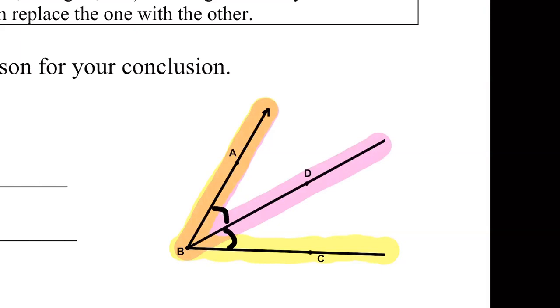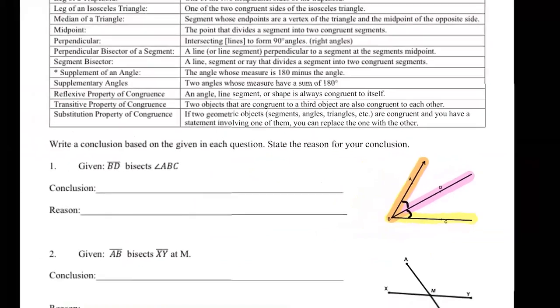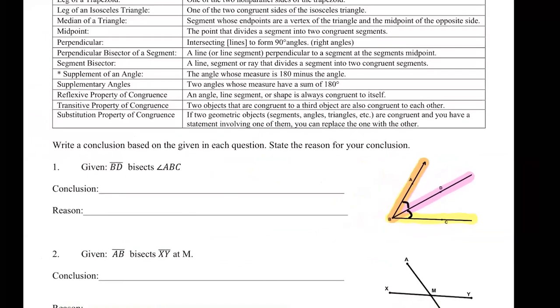I'm sorry, AD. I said it right the first time. ABD, or if you say it the other way around, DBA. So that's one of the angles that's now created as being part of the congruence relation. So we would say angle ABD is going to be congruent.